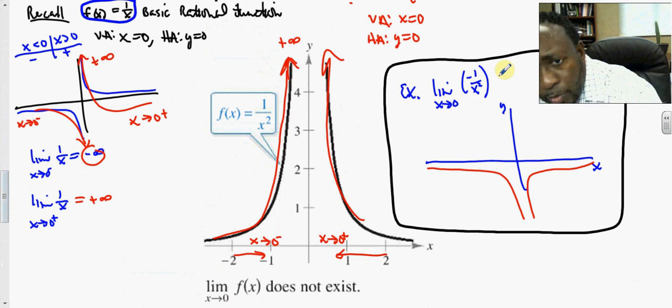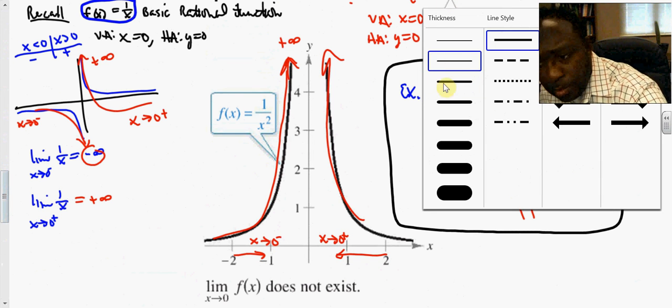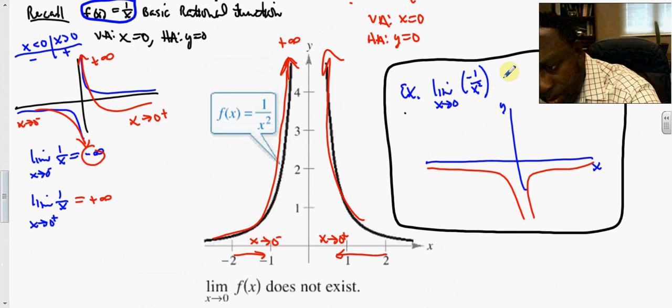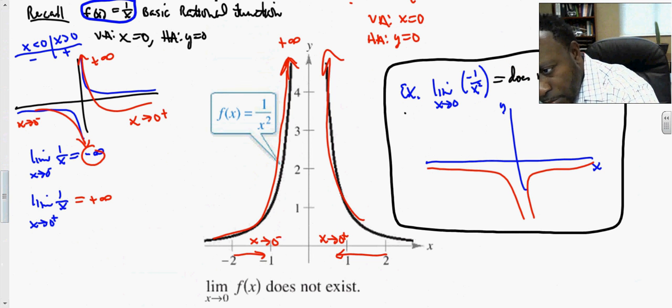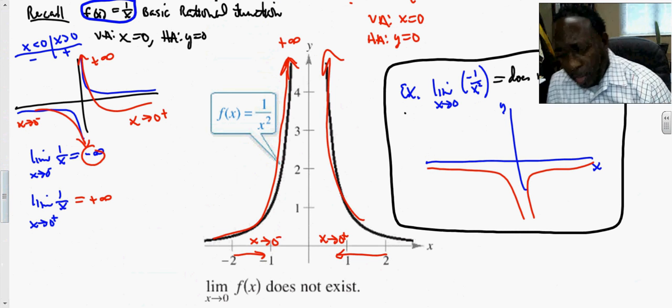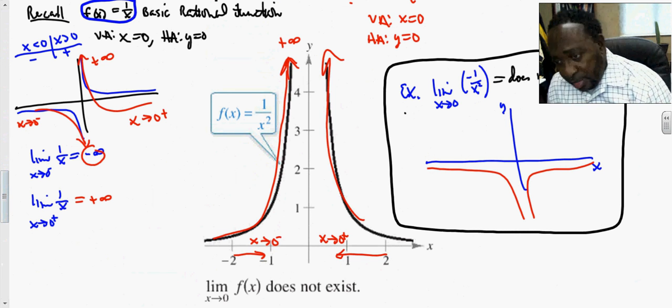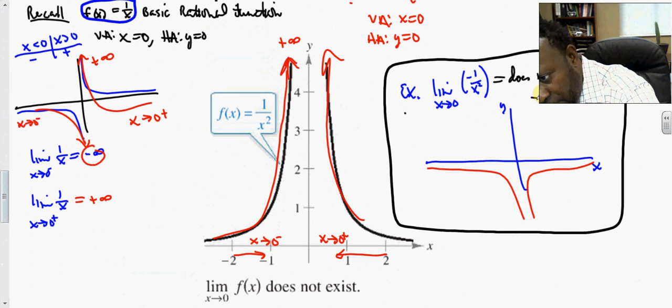So the limit here does not exist. If infinity existed as a number, this would give us negative infinity.